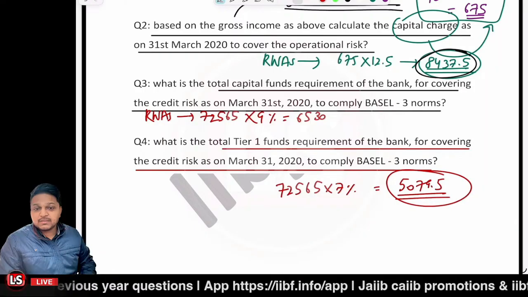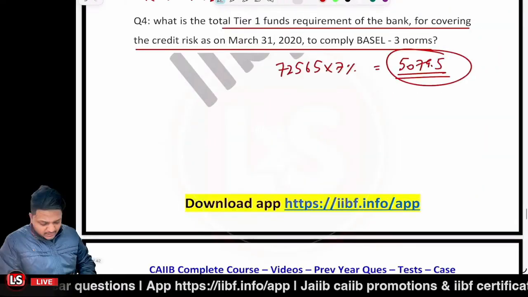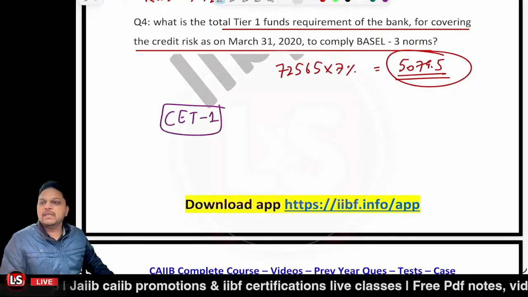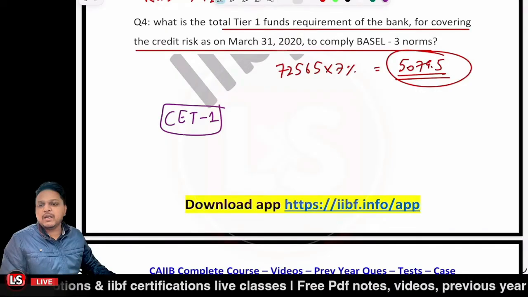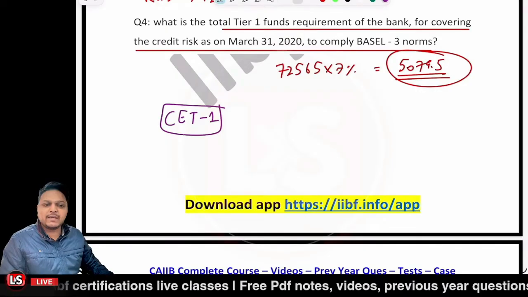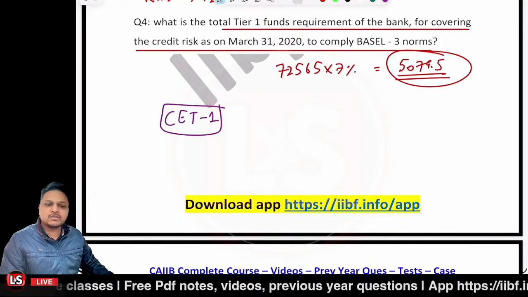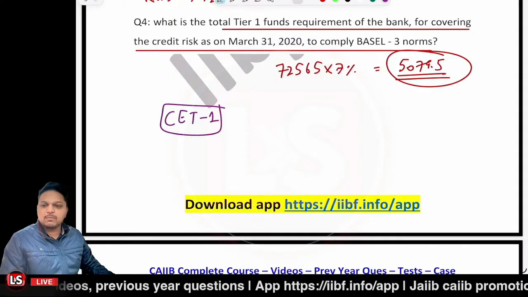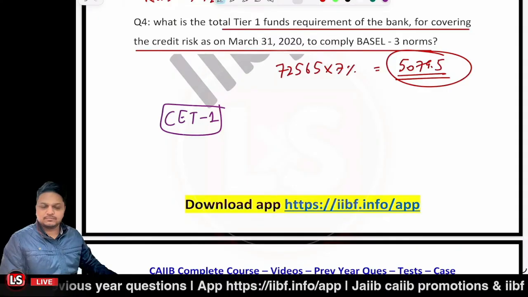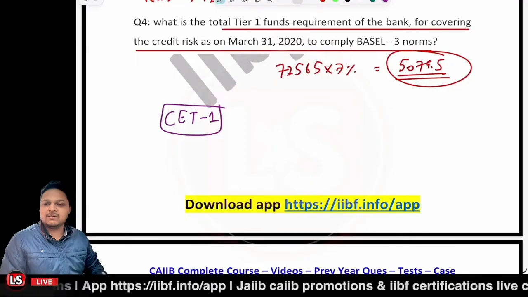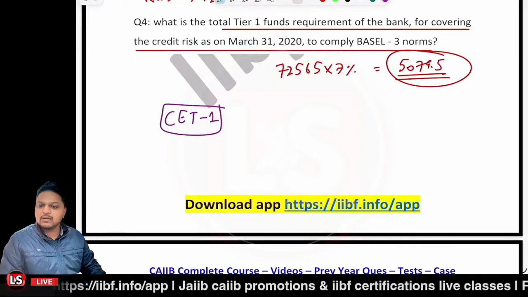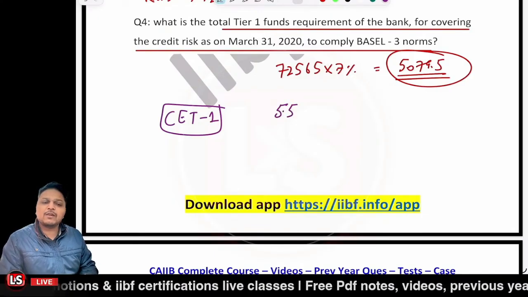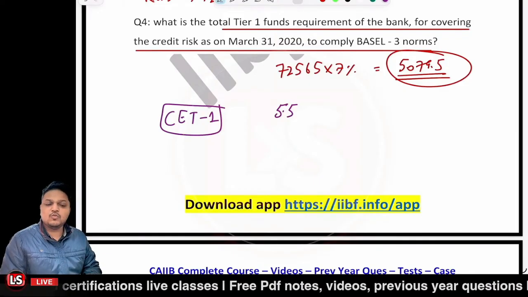Let me just reiterate. If in the question they would have asked what is the minimum CET1 to be maintained, then what percentage would you calculate? Kindly reply in the chat box. If you would have calculated 5.5%, you must have calculated the wrong answer.